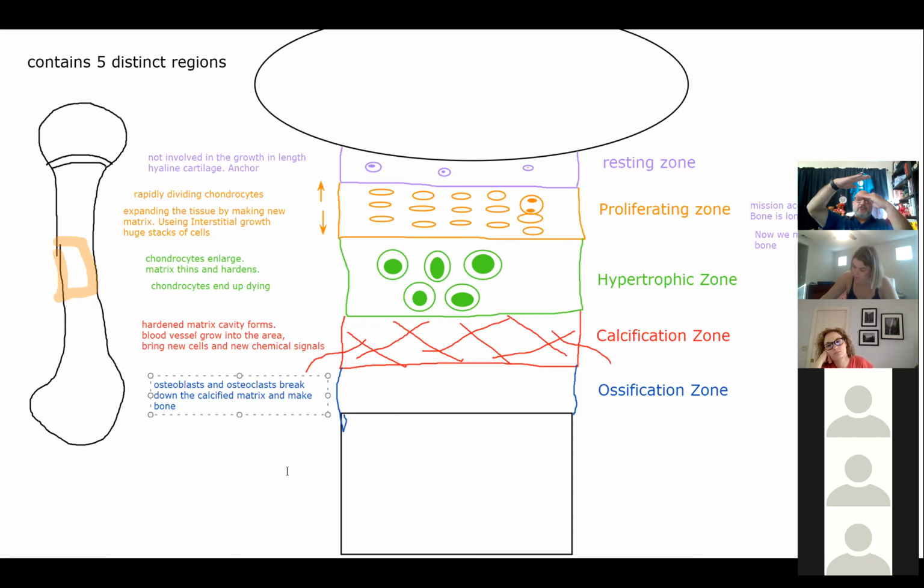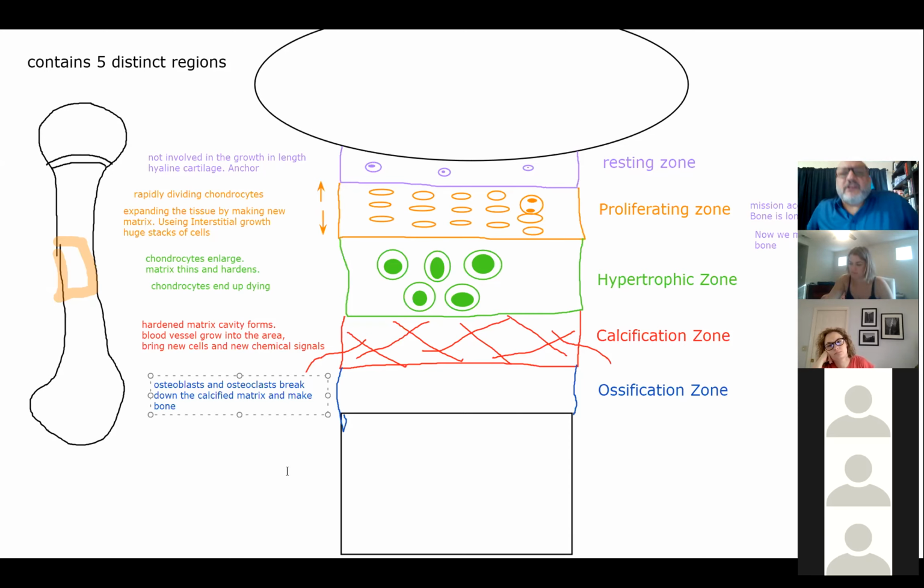And then we expand the matrix and convert it to bone, and expand the matrix and convert it to bone. Notice what's happening is my bone gets longer, but my growth plate always stays the same size. And so in this fashion, I can get from the tiny little baby to the big grown adult that I am. And that is exactly what happens.